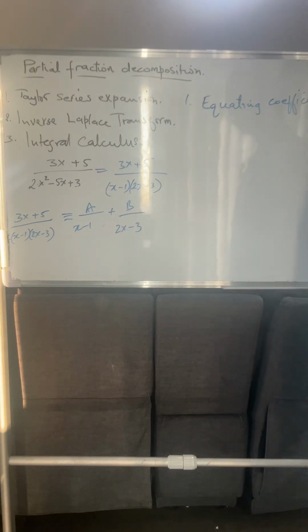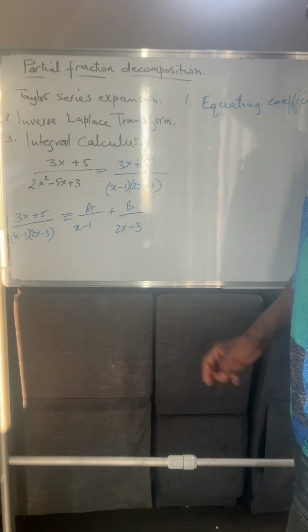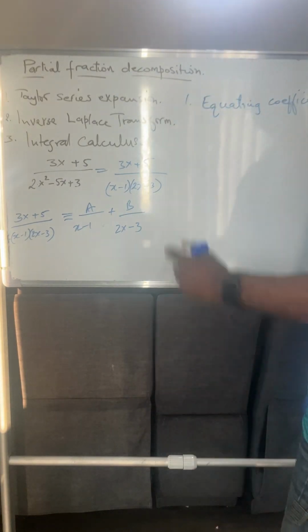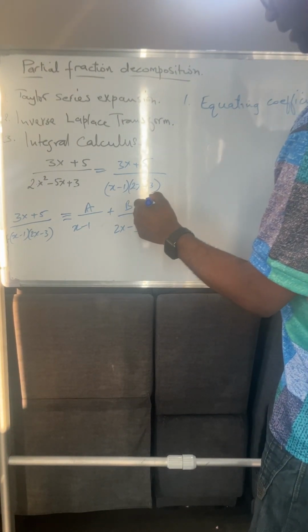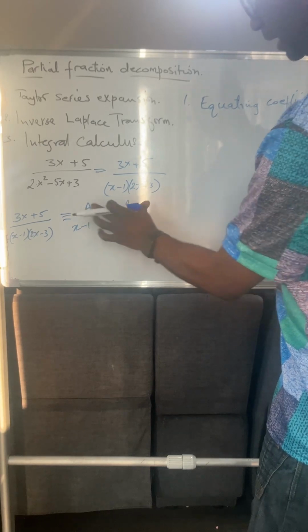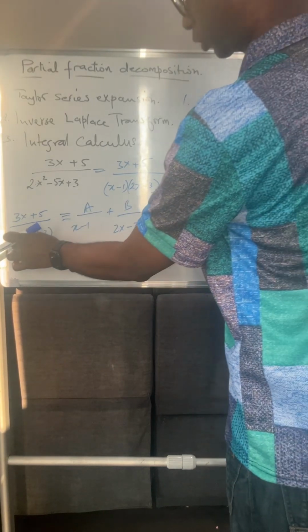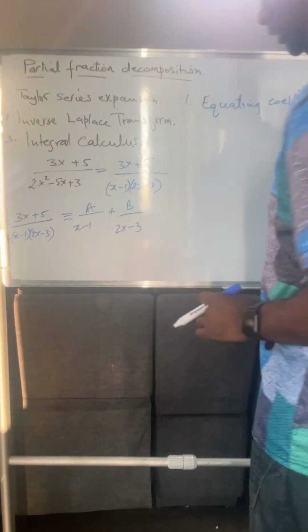So what do we do next? You know what we do with fractions. I want to multiply everything here by x minus 1 times 2x minus 3.